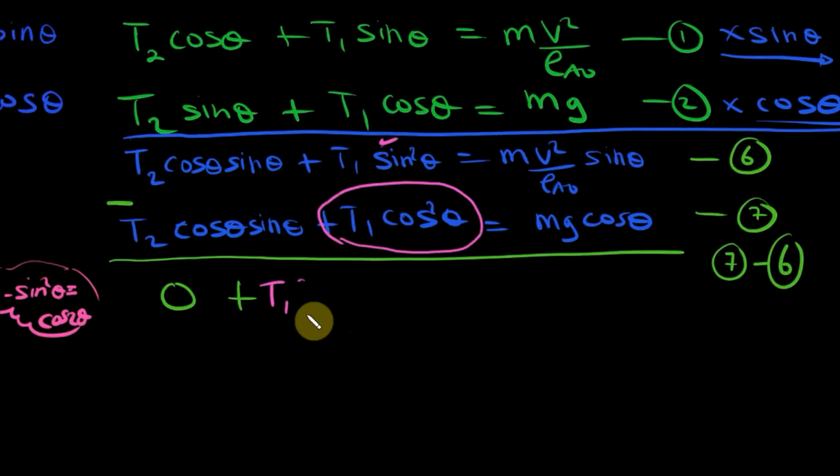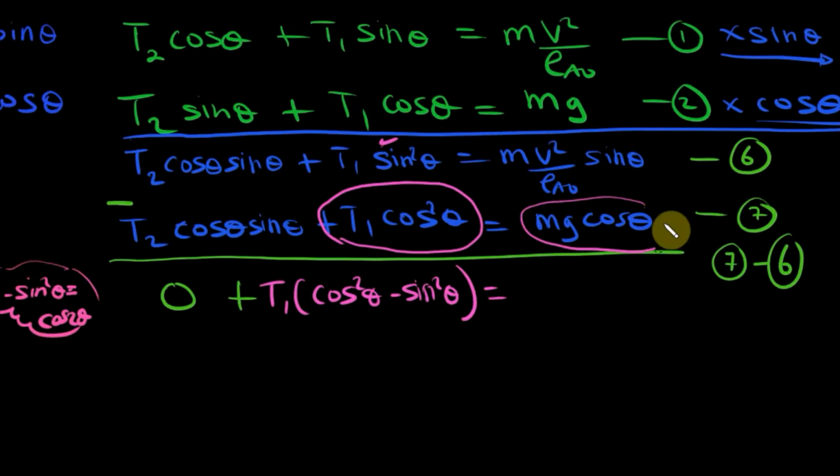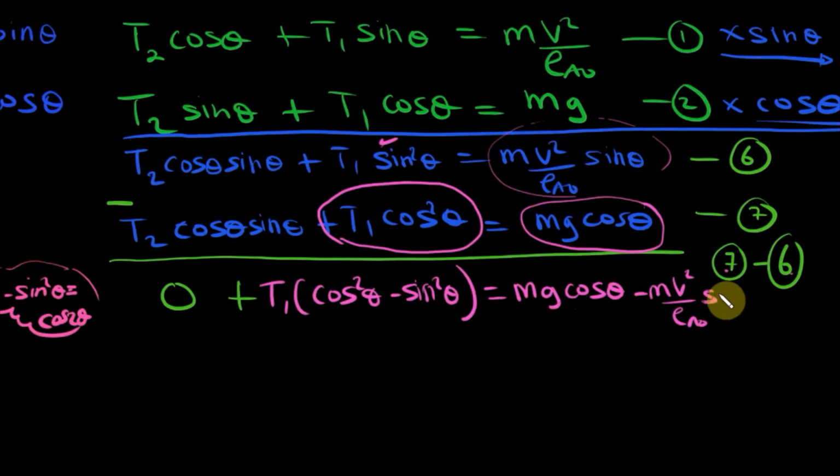So T1 outside the bracket, cos squared theta minus sine squared theta is equal to mg cos theta minus this one minus that one. Don't get confused. It's 7 minus 6, okay? Mg cos theta minus mv squared over LAO sine theta.